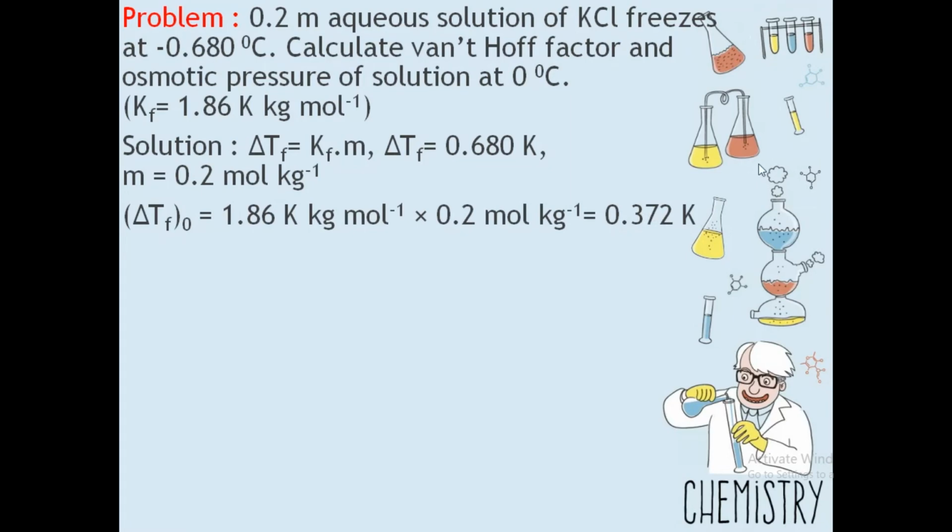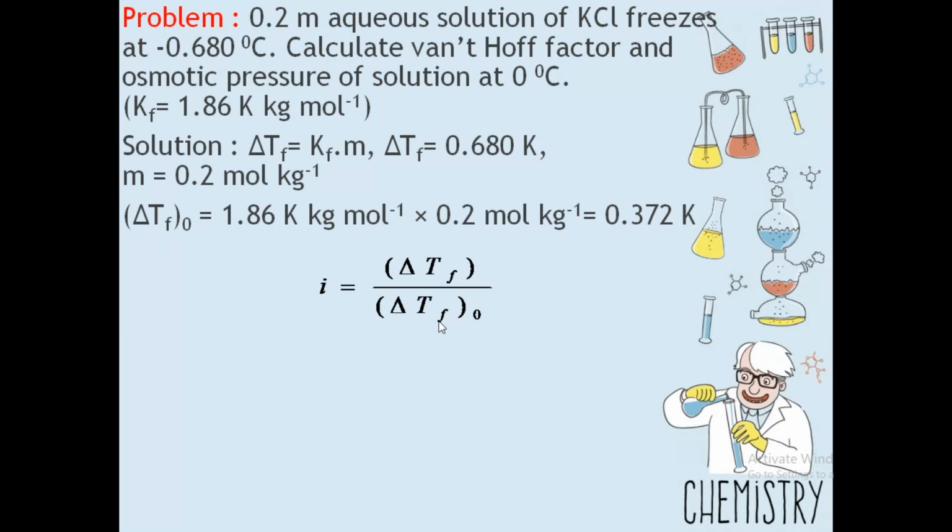Now we have to find the Van't Hoff factor. The Van't Hoff factor is the observed value of freezing point depression divided by the calculated, or theoretical, value of freezing point depression. The observed value, delta Tf, is 0.680 Kelvin, which we have observed here.